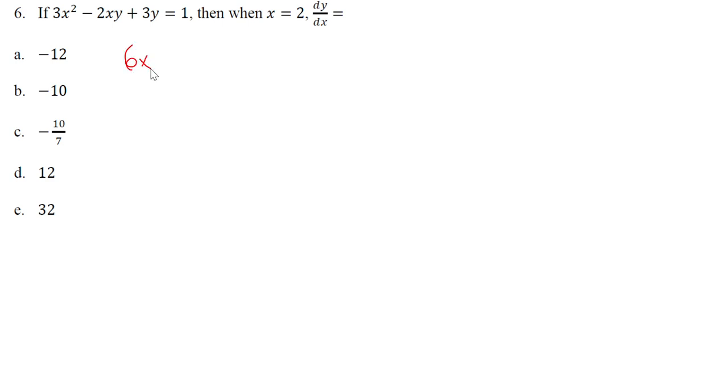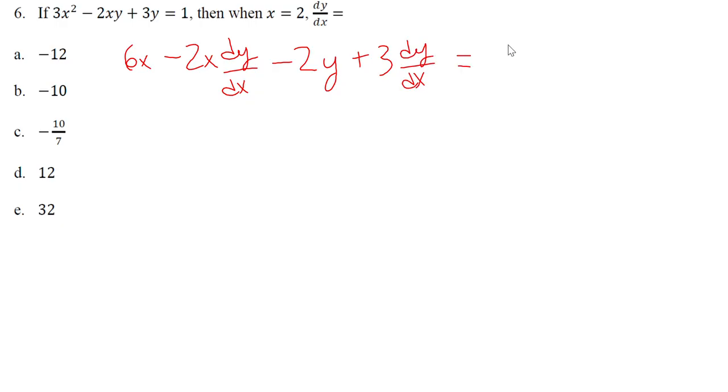The minus 2xy will become minus 2x times the derivative of y, and then plus the derivative of negative 2x, which is minus 2, times y. So that's product rule for minus 2xy. And then plus 3 dy dx is equal to not 1, which is a common mistake, but is equal to 0, right? Because we have to remember we're taking the derivative of both sides.